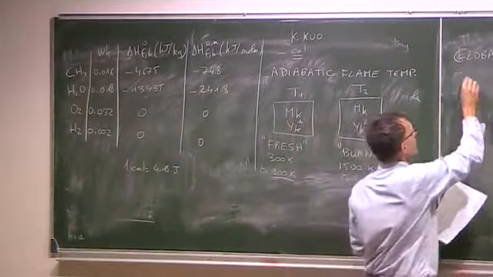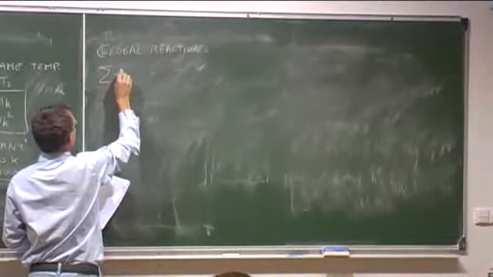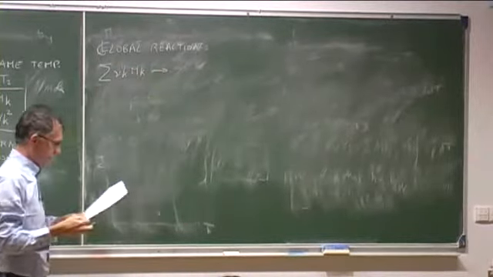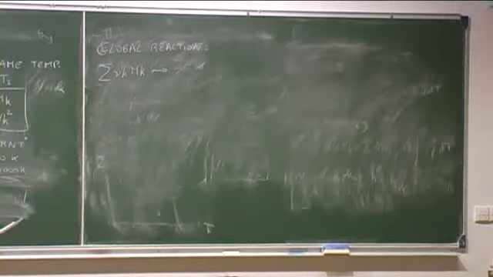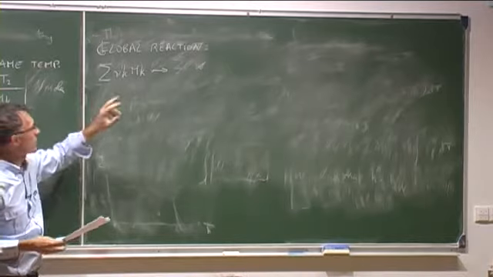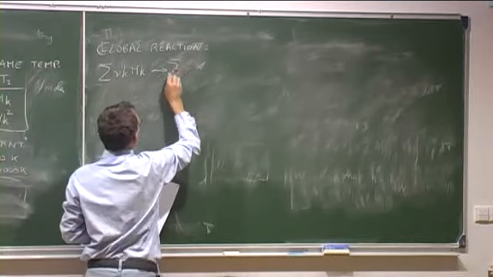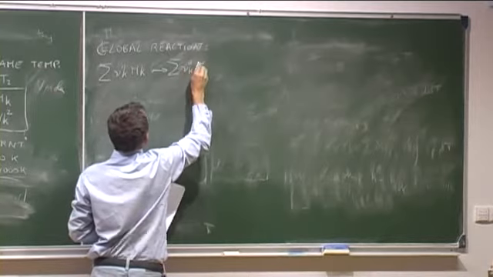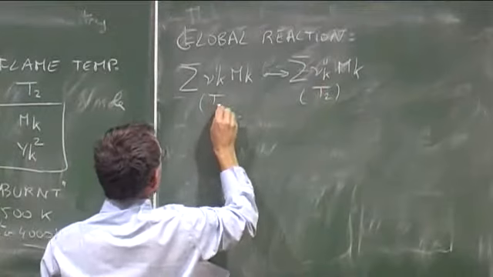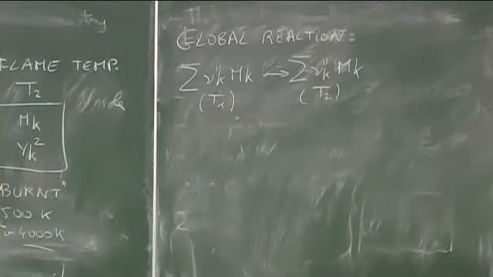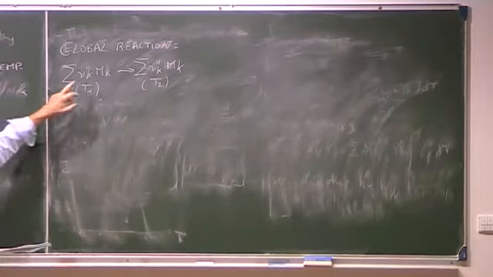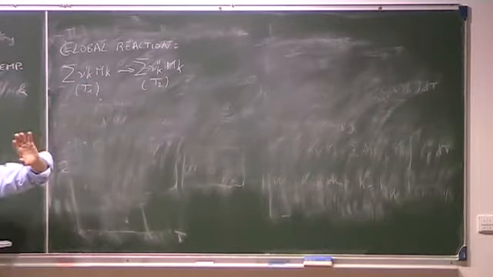So we're going to say that the global reaction we have here is that all these species which are in the fresh gases, they're going to be combined through one single reaction to give the products. This one will be at temperature T2. This one is at temperature T1. The new MKs are going to be defined even if there is no MK at that point.